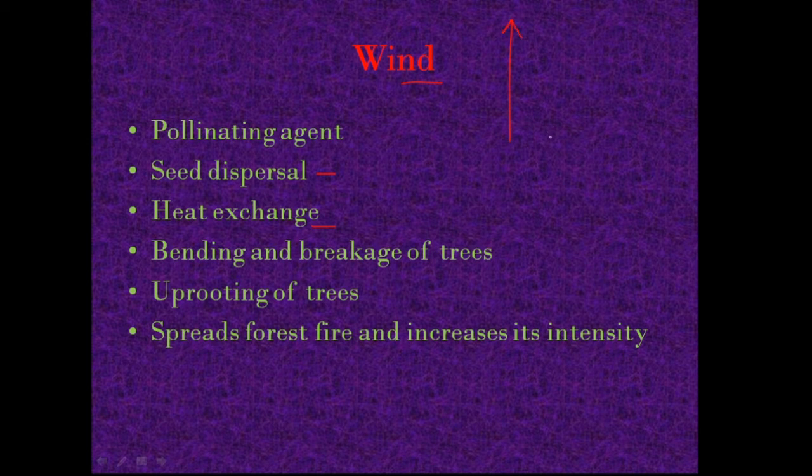It remains at a smaller height, right? So this is an adaptation. Also, the leaves will be in such a way that it allows easy movement of air through the crown, right? So these are some of the modifications shown by the plants when the amount of wind varies.